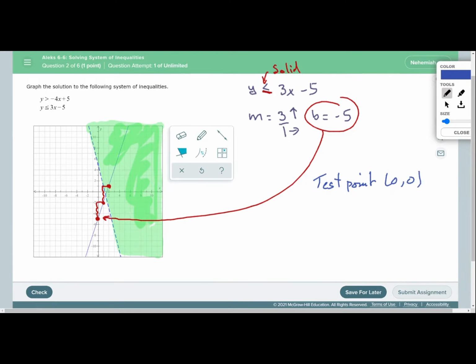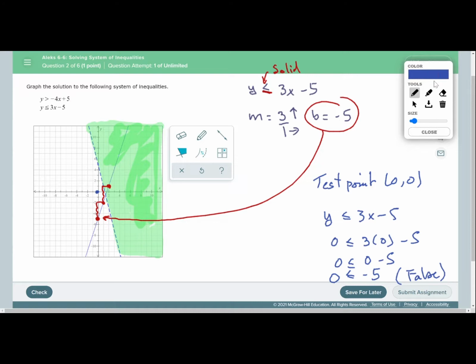So y less than or equal to 3x minus 5 becomes 0 less than or equal to 3 times 0 minus 5. 3 times 0 is 0, minus 5. 0 less than or equal to negative 5, which is wrong, because 0 cannot be less than a negative number. So it's a false statement. 0, 0 is on this side of the solid line, and it's false, so we're going to shade everything on the other side of 0, 0.